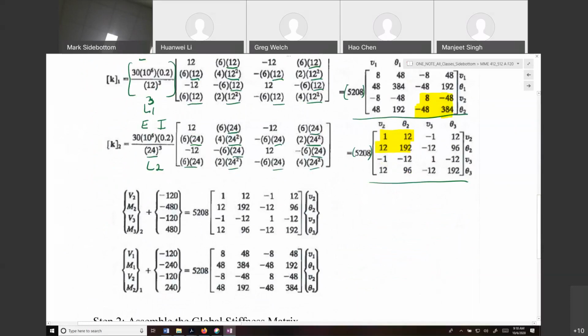So we end up with our elemental equations here. This is for element 1, and this is for element 2.